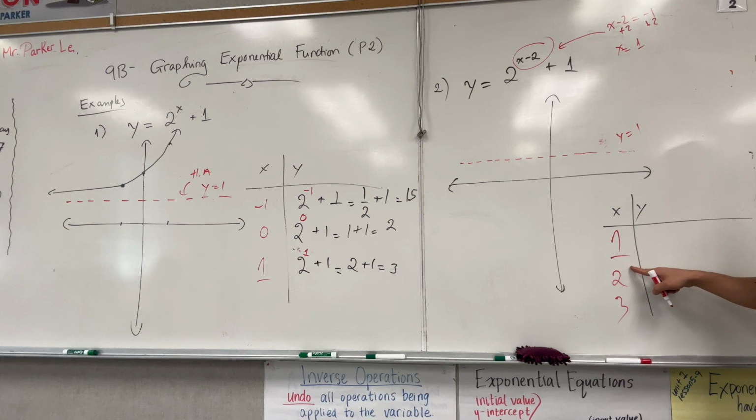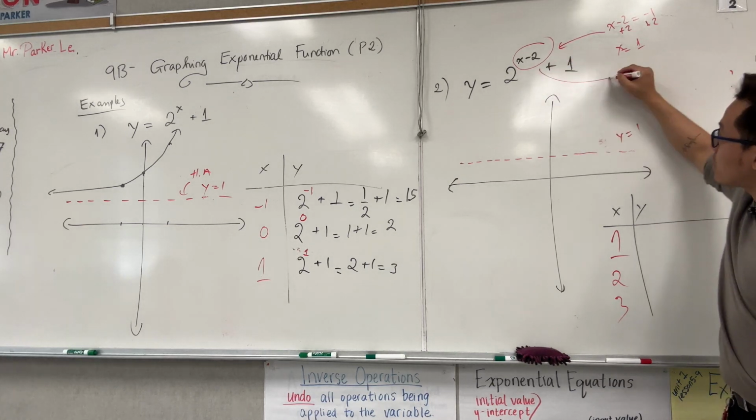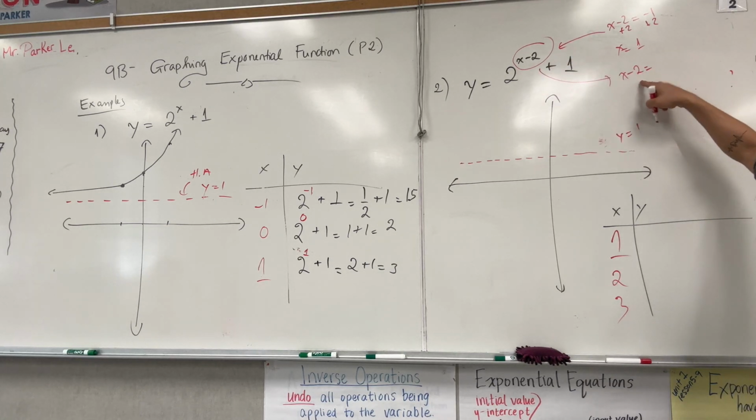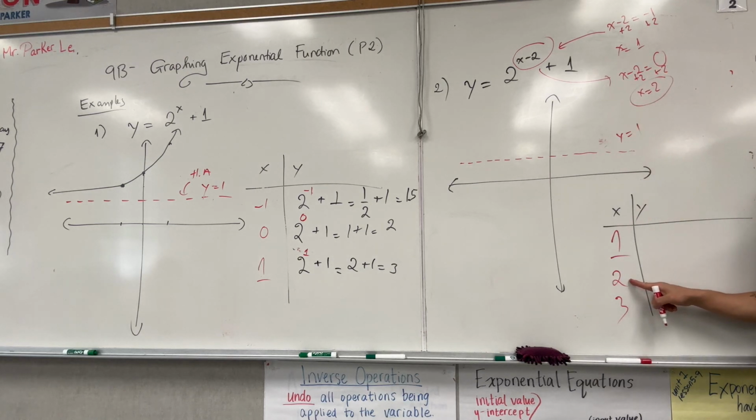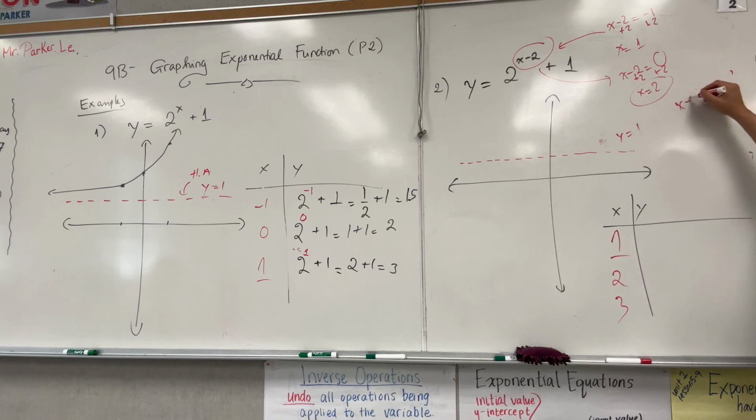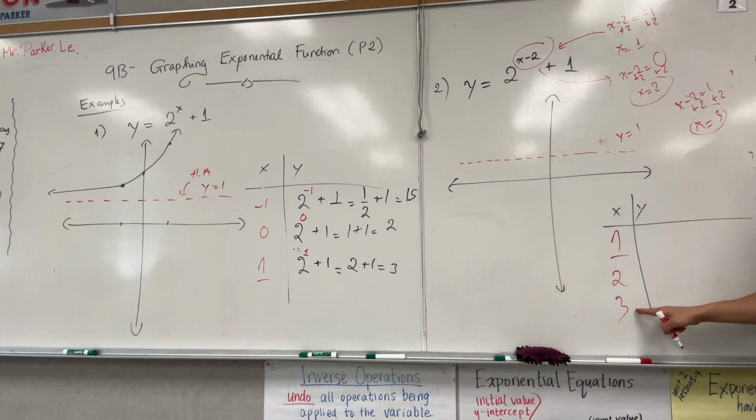Now if you cannot do mental math or it's complicated, you cannot guess, so let them equal to the value you want. Like I want it to be 0. Let it equal to 0 and solve for it. Plus 2, plus 2. So x equal to 2. Same thing for the 1. I want this one to be 1. I add 2, add 2. This is gone. 1 plus 2 is 3. That's how I know this is going to be 3. Make sense? All right.